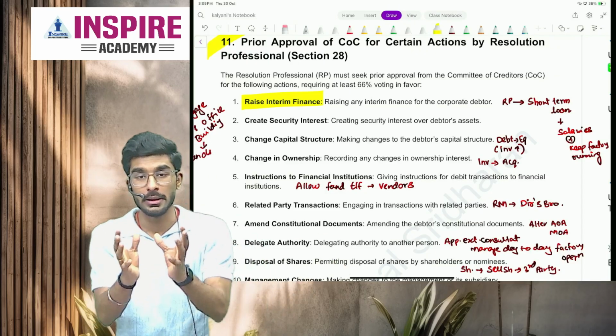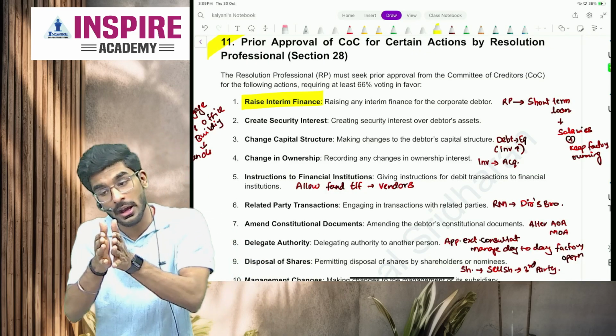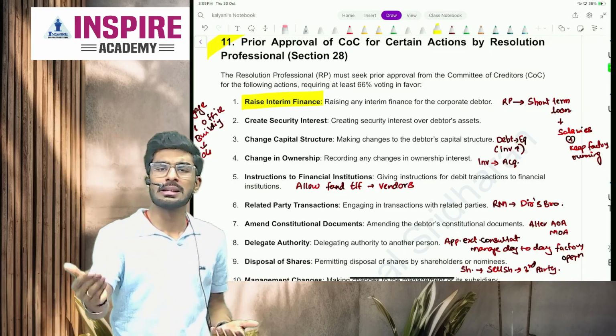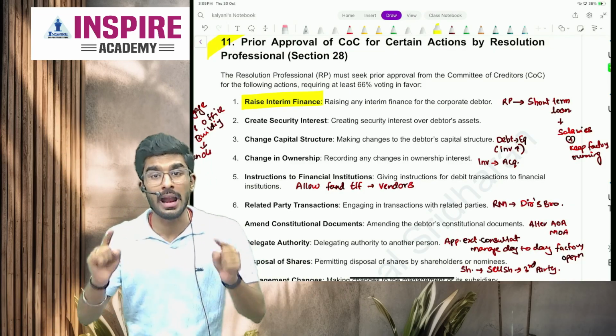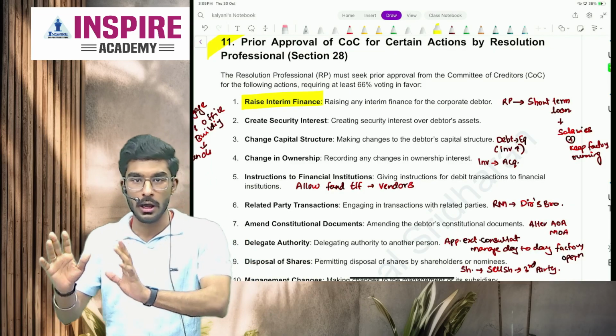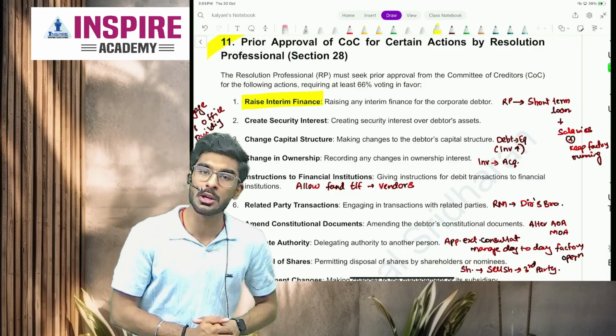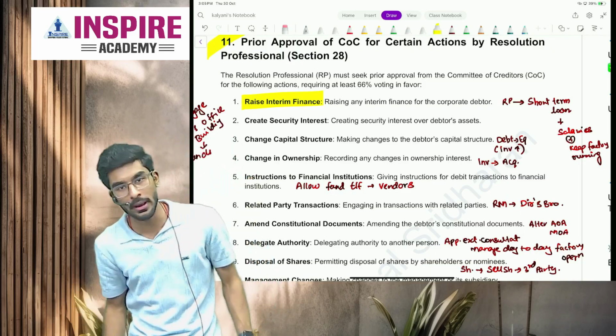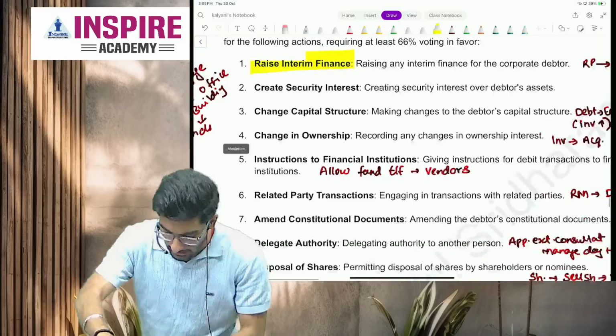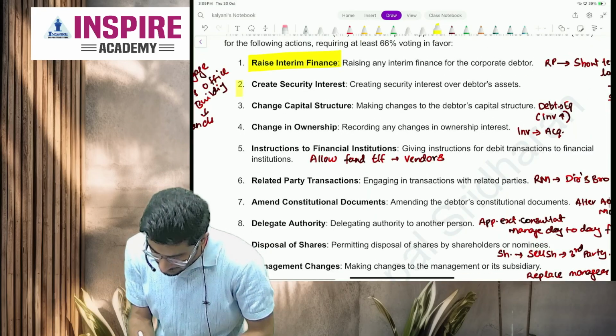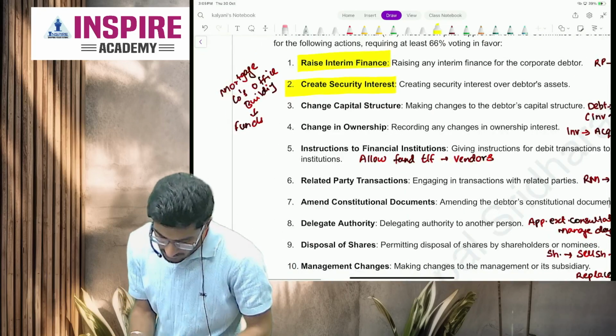To keep the factories running or to pay salaries to workers. For that, if they require finance, they can take a loan. But before that, whose approval is required? COC's approval is required.